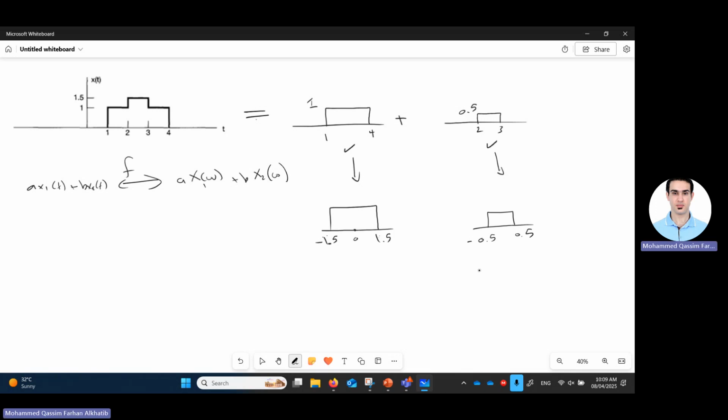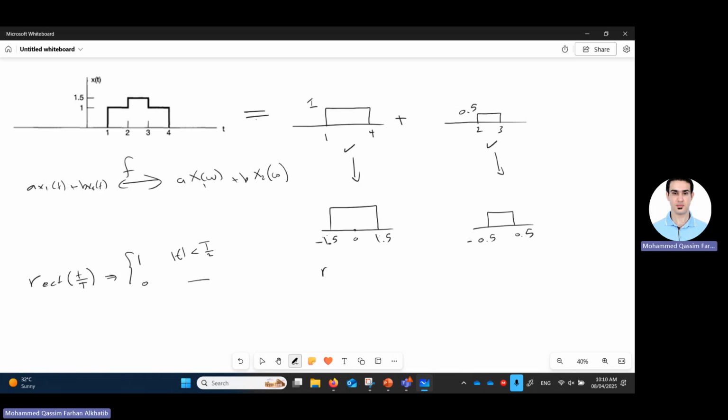If I want to represent them mathematically, if you remember, rect of t over T. We've done the rectangular waveform in the signals part. It was 1 for absolute value of t less than T over 2, and 0 elsewhere.